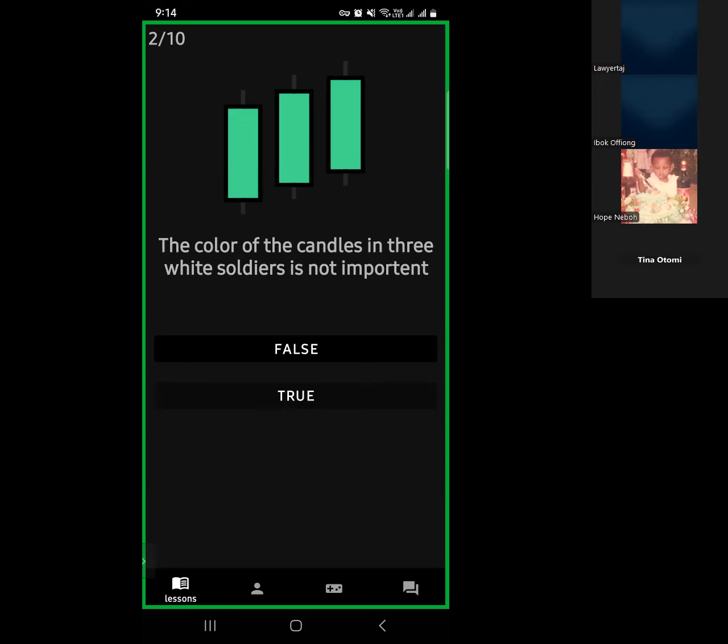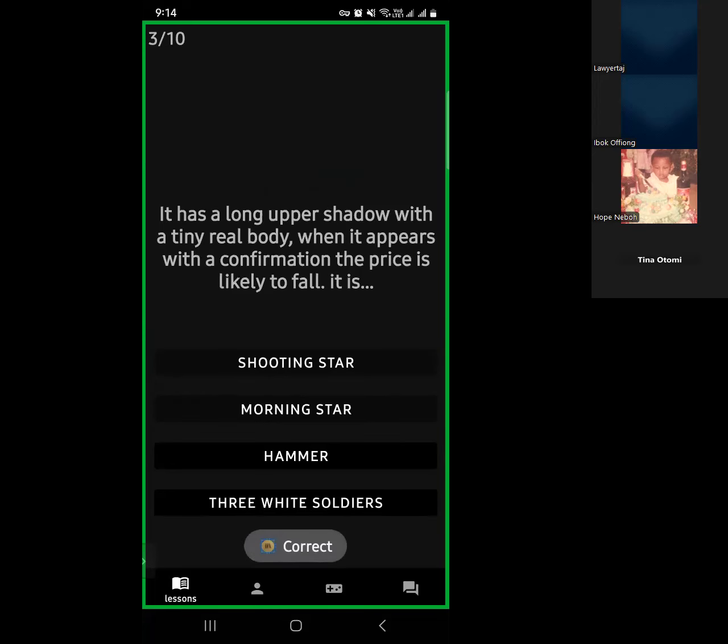But when I want to write false, false, false. Hey, yeah, you got it too. It's false, so learn it too. The three white soldiers are always green candles. The three black soldiers are black candles, or red. Okay, three black soldiers are red candles. So clap for yourself, all of you who said false. Ibrahim, you don't fail. Sure you know. You will repeat class.